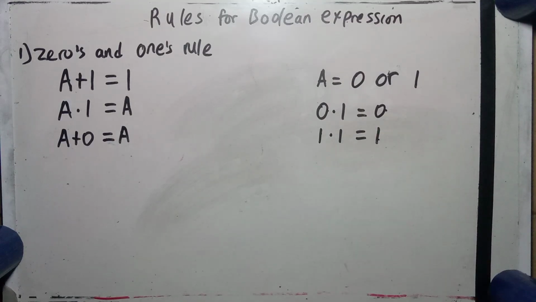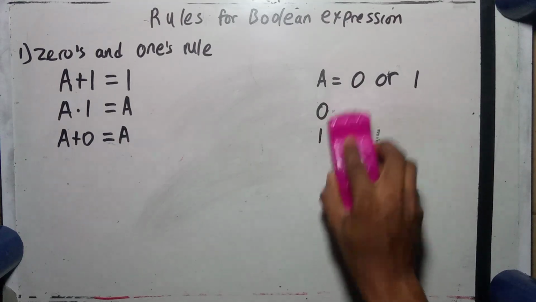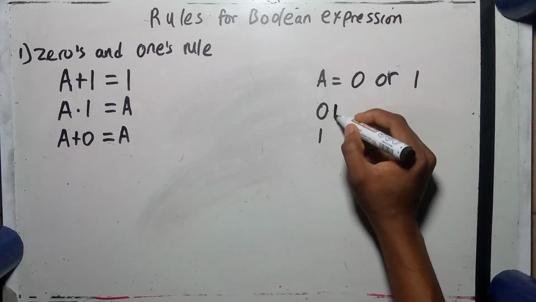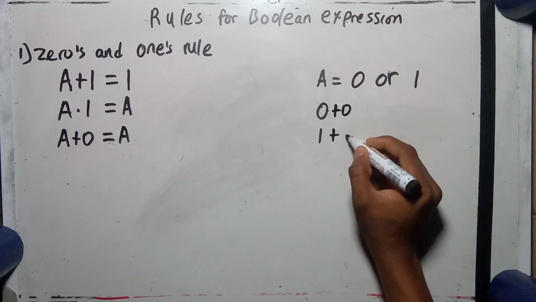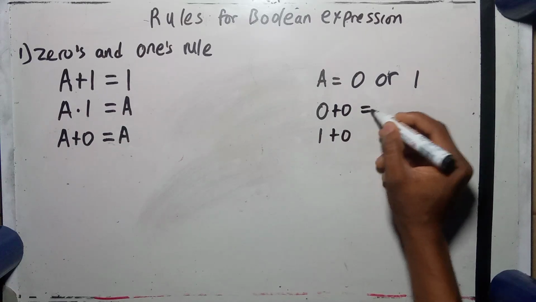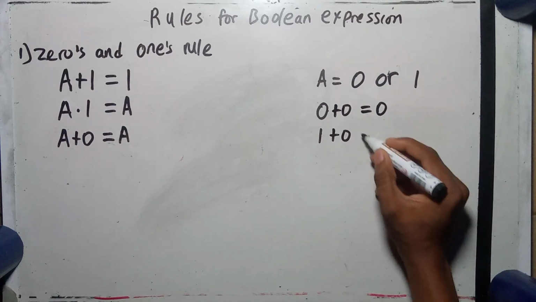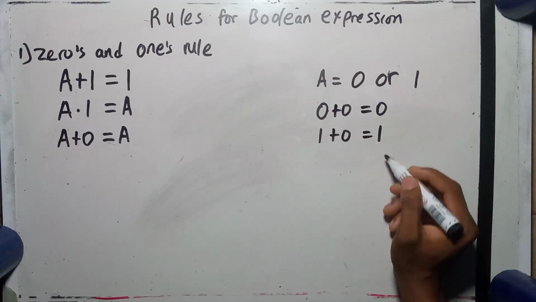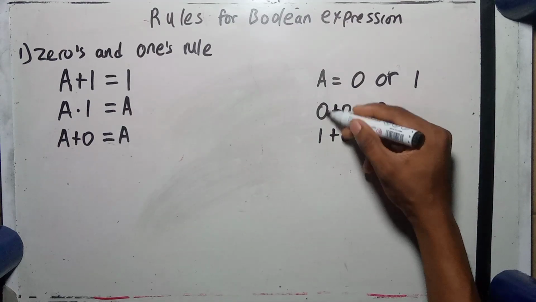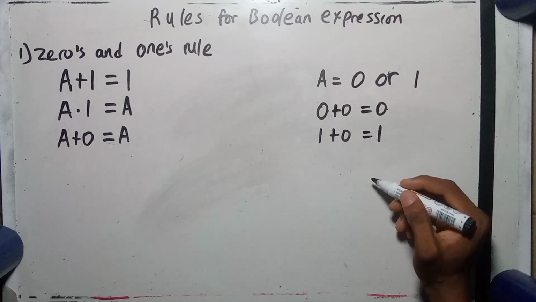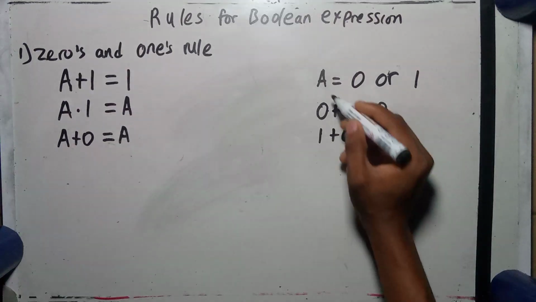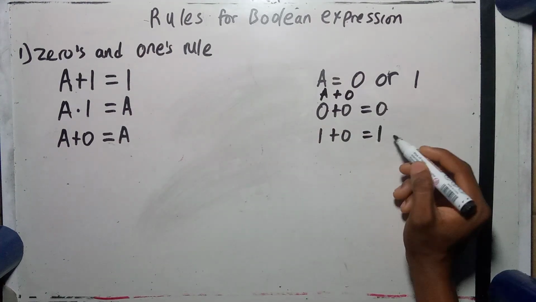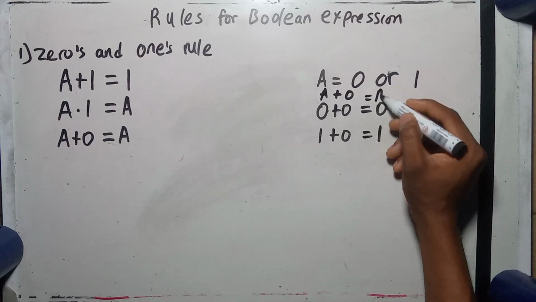Using that here, we have A plus 0. When A is 0, 0 plus 0 will give us what? 0. And when A is 1, 1 plus 0 will give us what? 1. As you can see, it's still the same thing as your value of A. So here is your A and here is your 0. You're adding the two of them together. It's definitely giving you what? A.